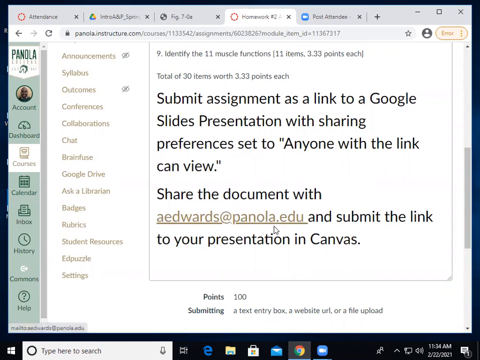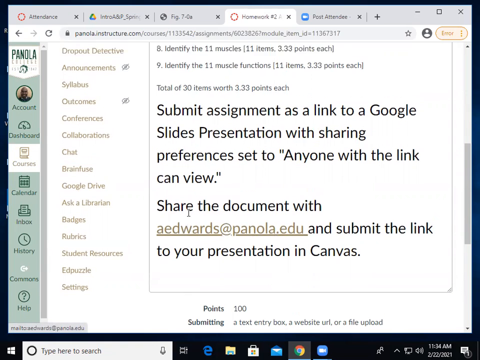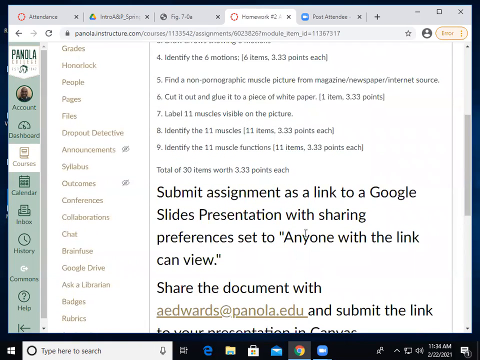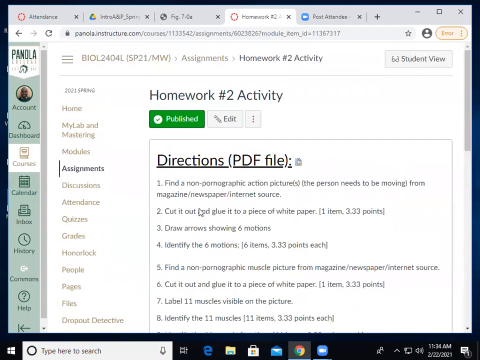All right, because if you just submit a link and you haven't set the settings where I can see it, I still can't see it. Okay, so make sure you do that. And then when you go to submit, click URL, paste the URL into the link, and then I'll be able to look at it. All right.